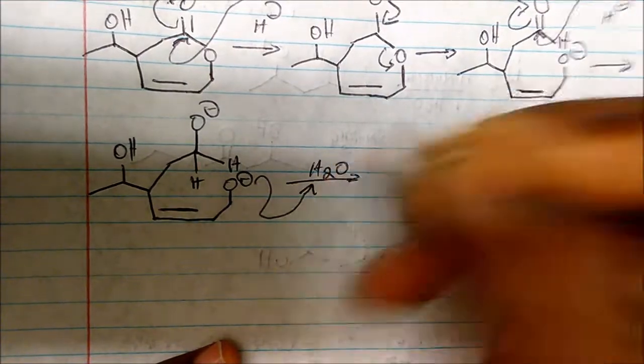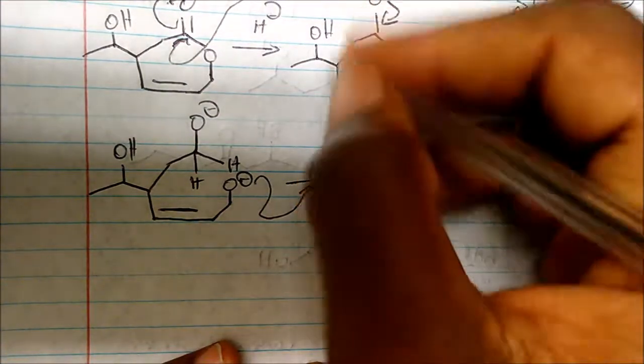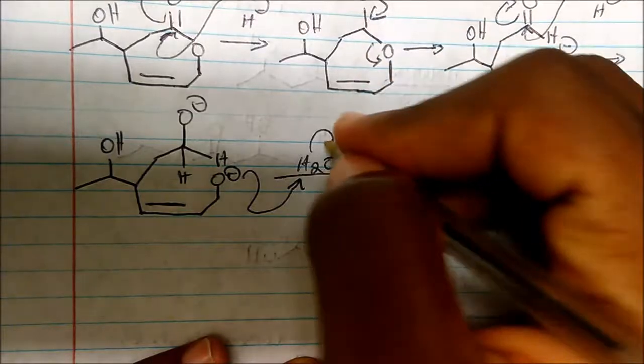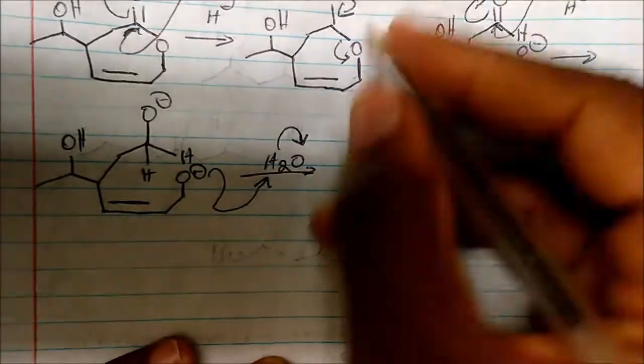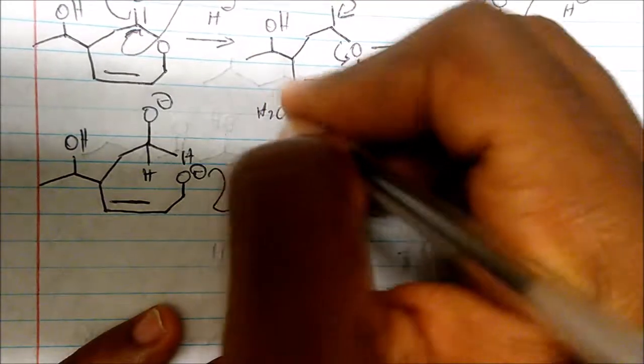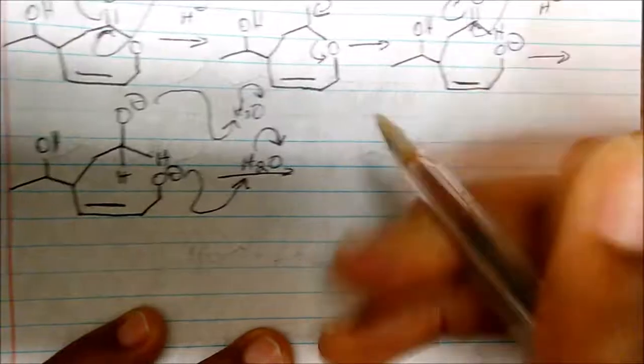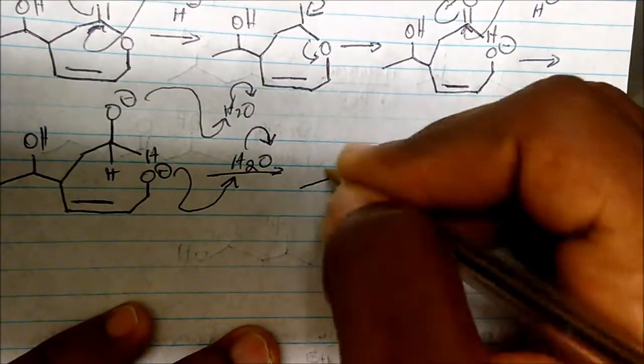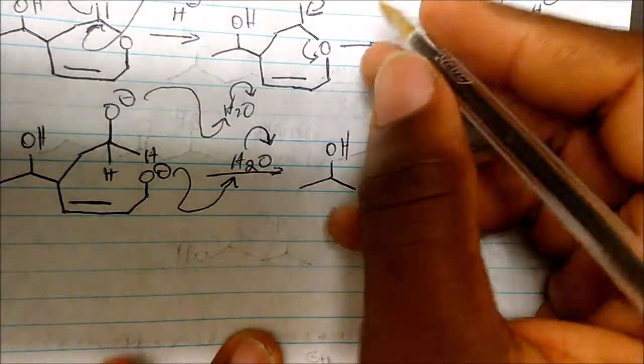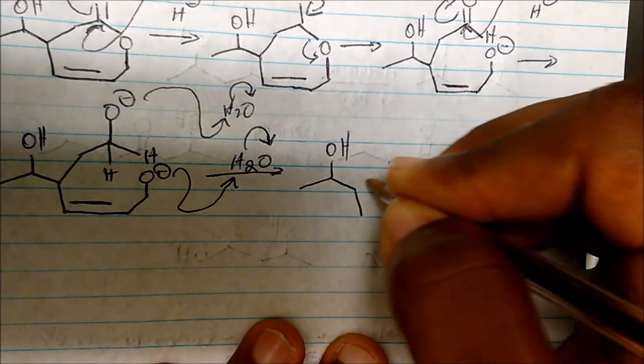And these come, take a proton from that water molecule, kick off those bonds on the oxygen. And the same thing will happen to this. Another water molecule in the reaction might come, take one of those hydrogens, kick off on the oxygen, and you get your neutral product to be something of this nature.